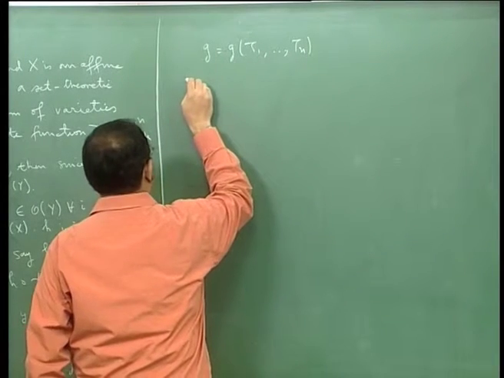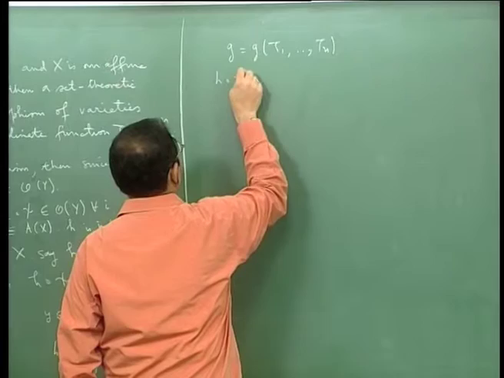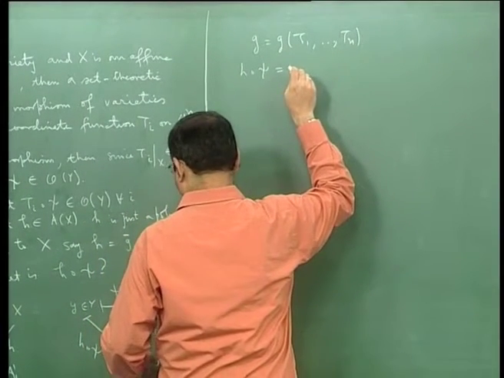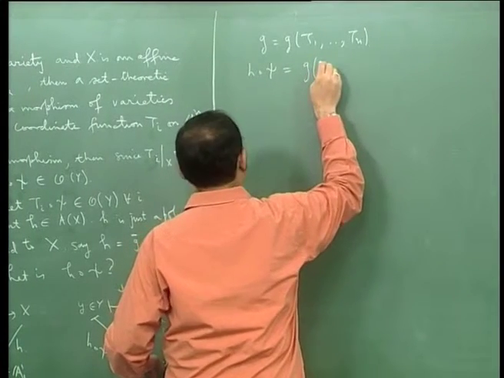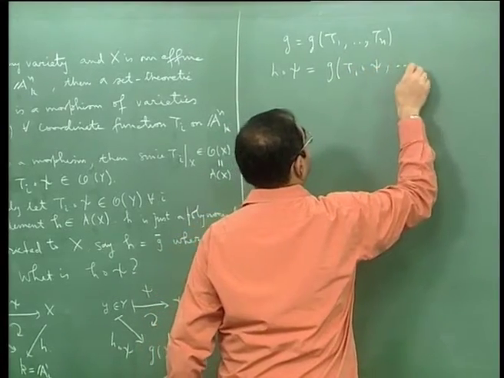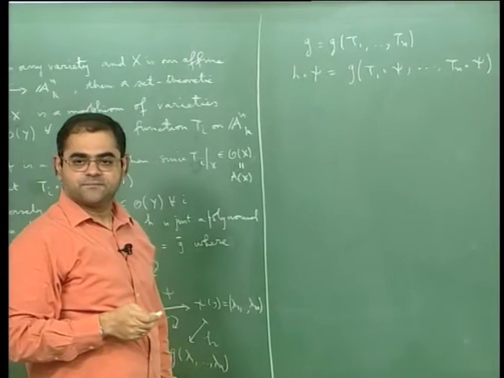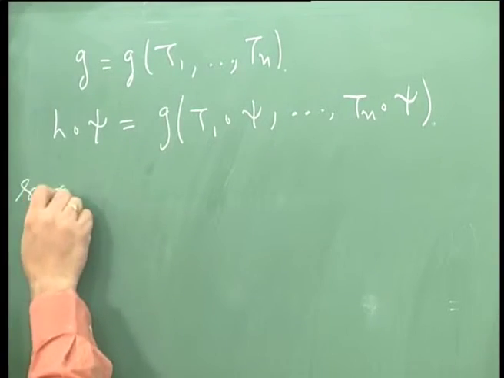So if you calculate H circle psi, it will actually be just G of T1 circle psi etc Tn circle psi. You will get this, because you evaluate it and check.